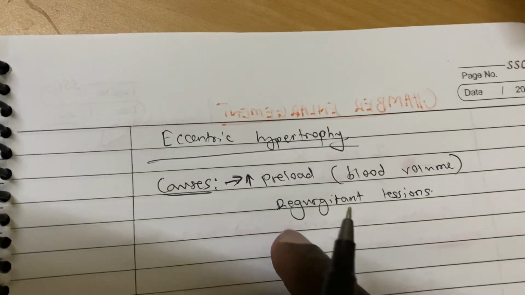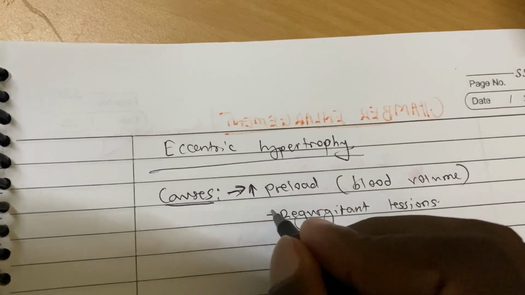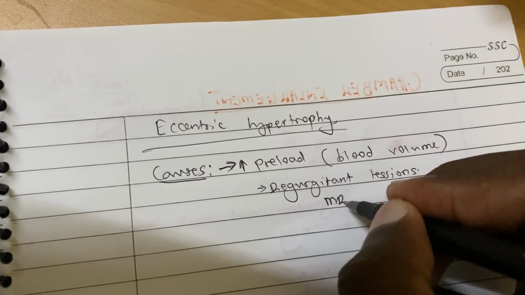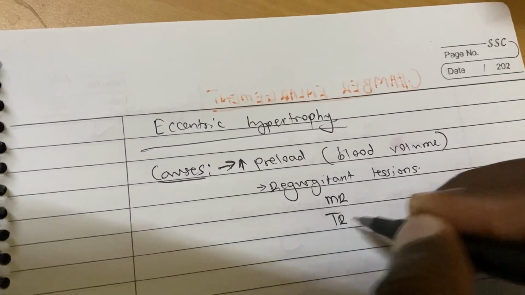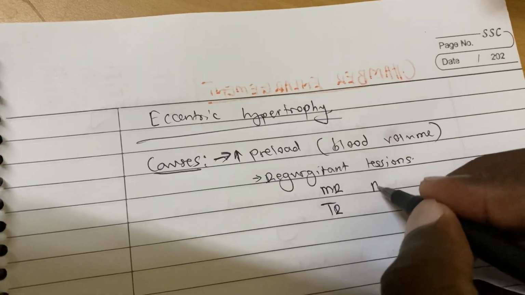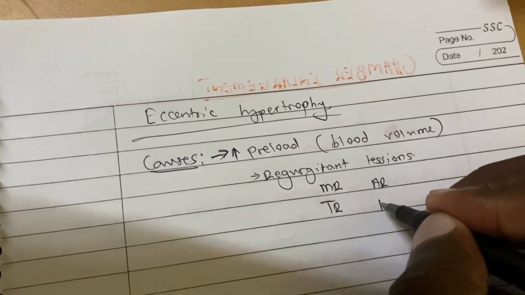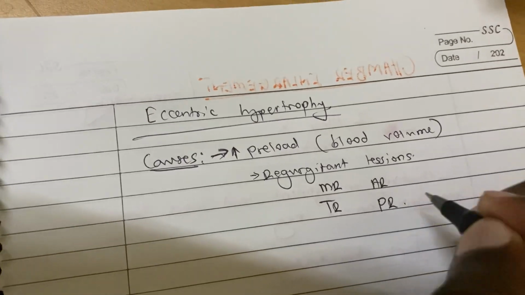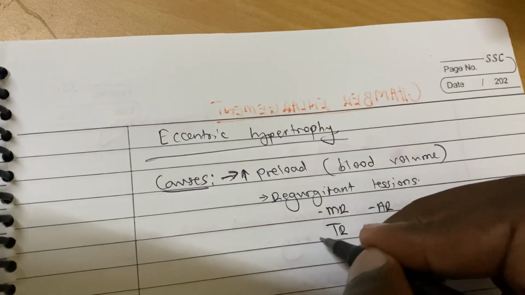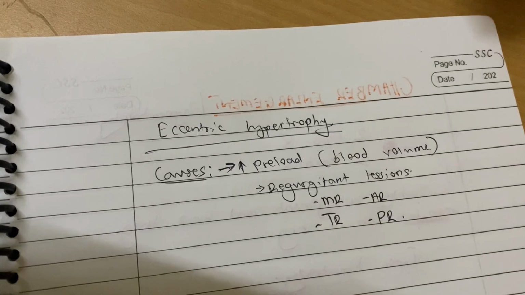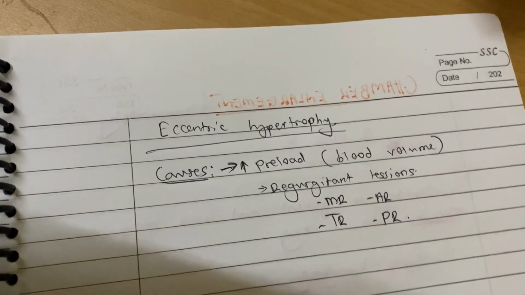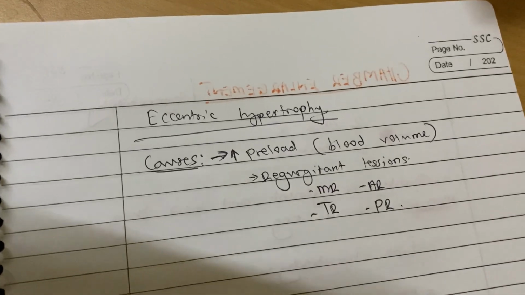This is when we normally have volume overload, like MR, example, mitral regurgitation, tricuspid regurgitation, aortic regurgitation, and the pulmonary regurgitation. These ones are going to cause an increase in preload in any chamber, whether it's LA, RA, RV or LV.